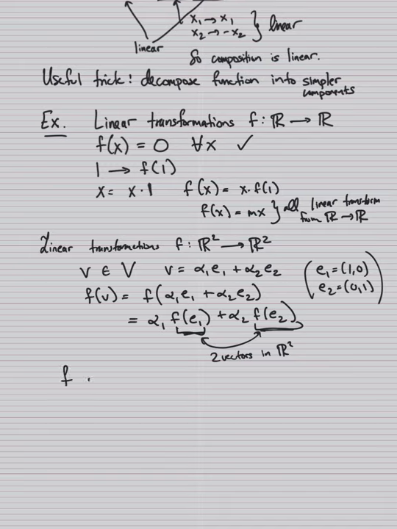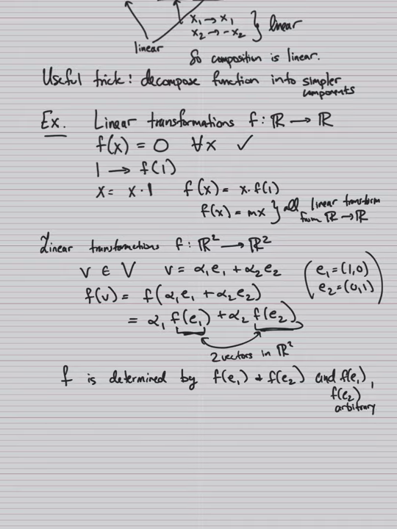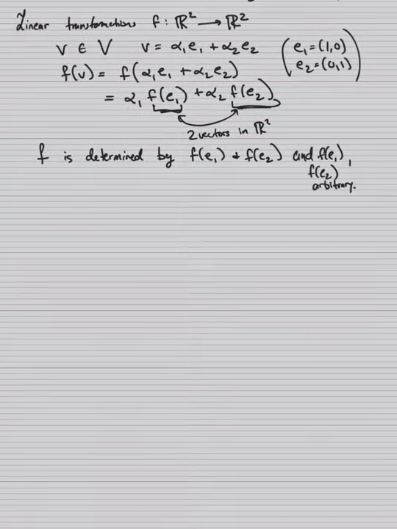So f is determined by f of e1 and f of e2, and f of e1 and f of e2 are arbitrary. You can send them anywhere, and then the rest of the function is determined.